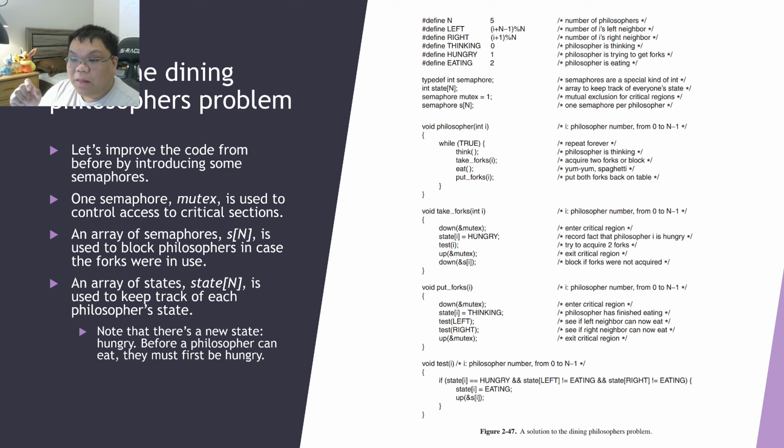This is used to block philosophers in case the forks were used. So I take the left fork, and I try to take the right fork, but that right fork was already in use by another philosopher. I tried to take the right fork, but I need to wait for that right fork to become available. We also have an array of states, so we're turning each philosopher into a state machine.